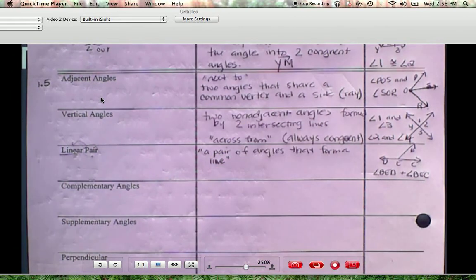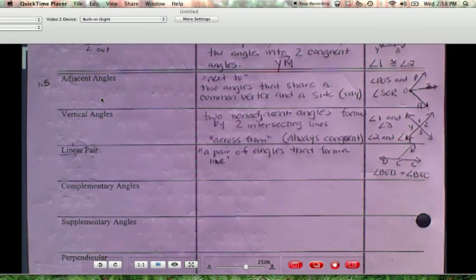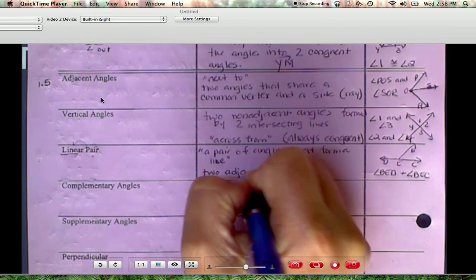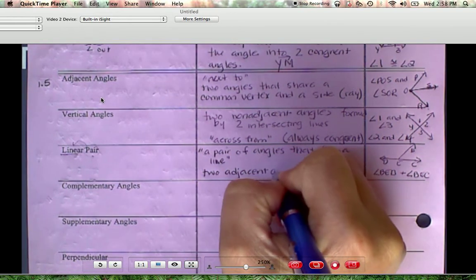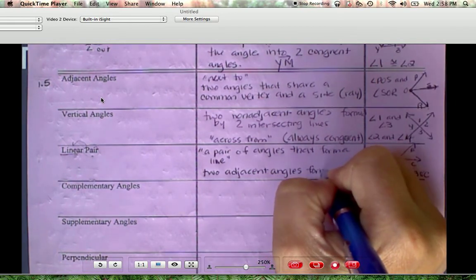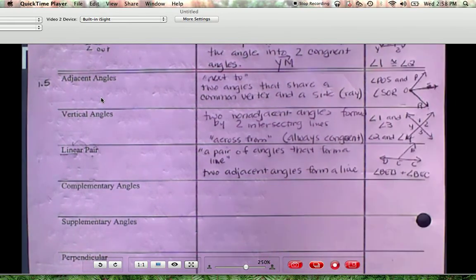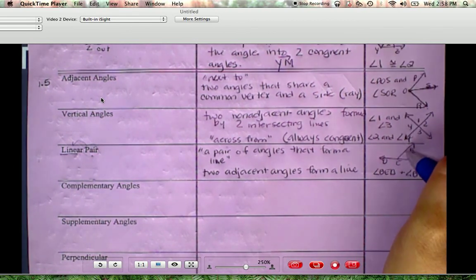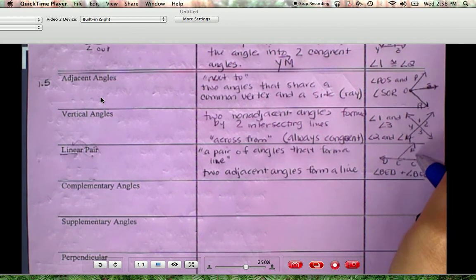That is not the formal definition. Technically, it is 2 adjacent angles that form a line. Of course, if they're going to form a line and it's only 2 of them, they have to be adjacent, or next to each other.